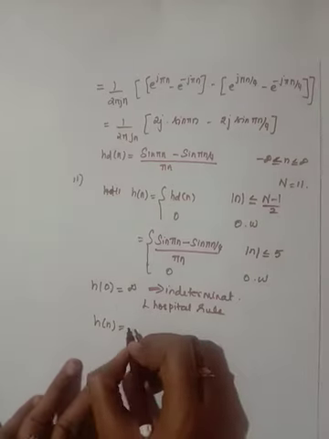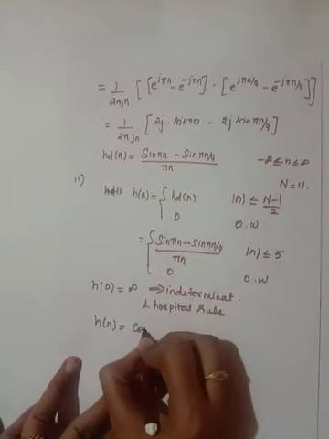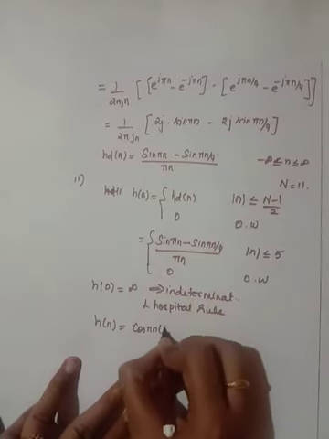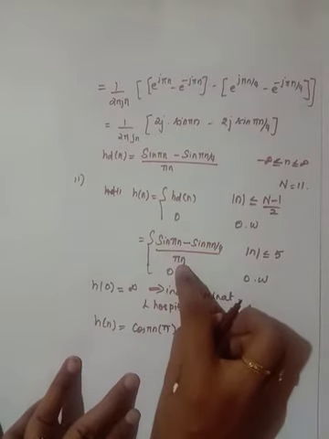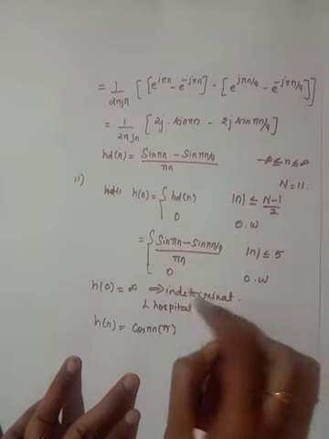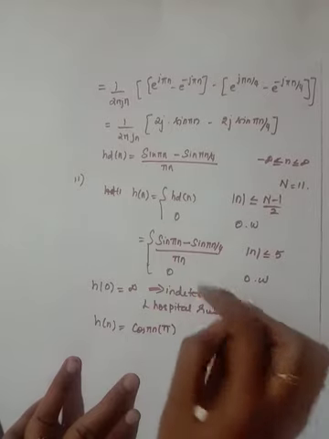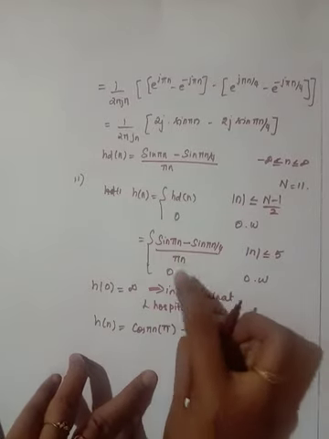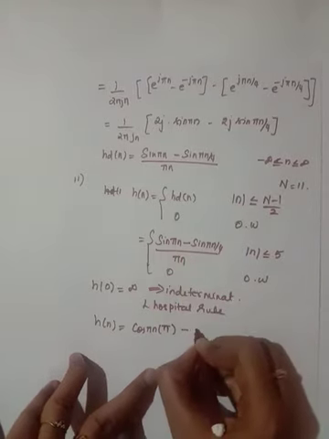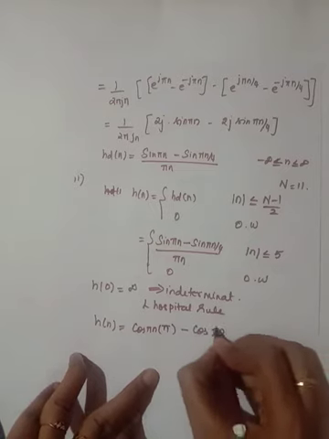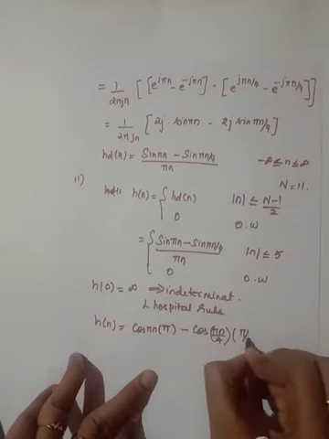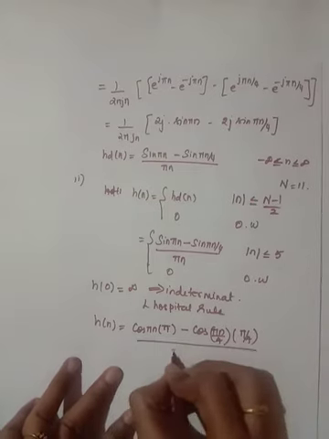Applying L'Hospital rule, this will become cos pi n into pi, differentiating with respect to n, because when you substitute n is equal to 0, it becomes infinity. So I am differentiating this with respect to n. Okay. So cos pi n by 4 into pi by 4 divided by pi.